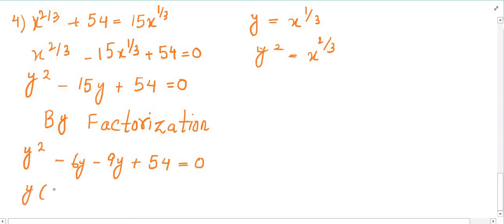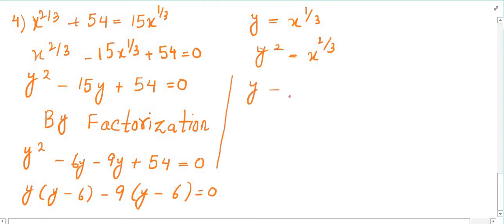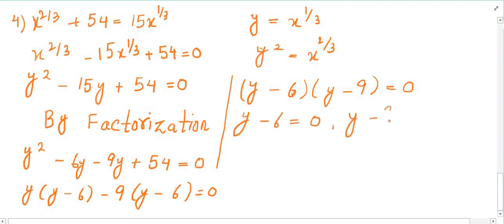This becomes, take y common, y minus 6, take 9 common, y minus 6 equals 0. This is (y minus 6)(y minus 9) equals 0. Now either y minus 6 equals 0 or y minus 9 equals 0. This becomes y equals 6 and y equals 9.